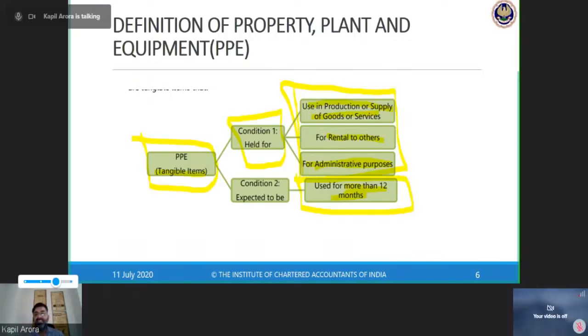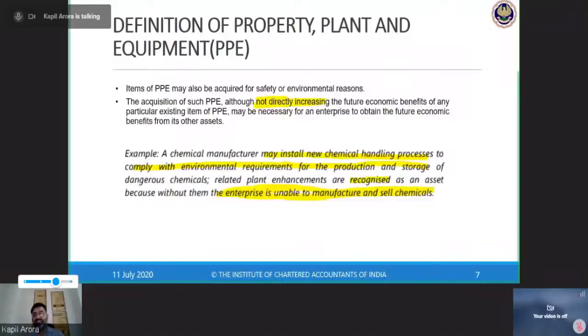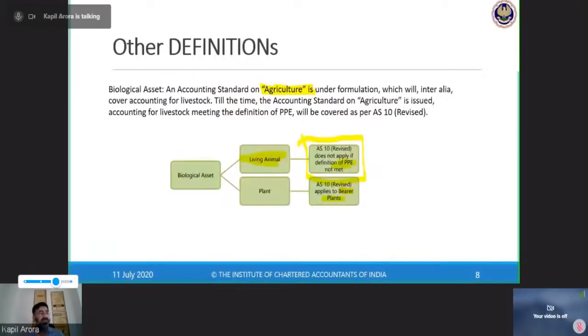We have also seen some items, like safety equipment which is required to have, that will also be added to the value of the asset.